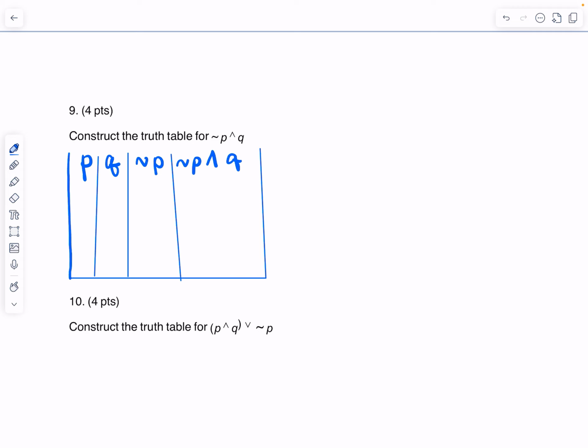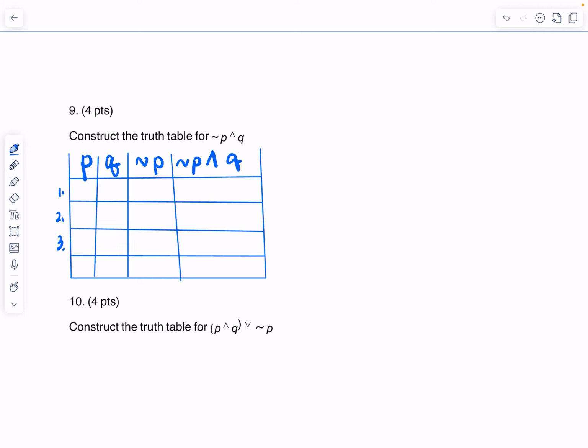So I'm just completing this truth table here. So again, I have 4 rows, 1, 2, 3, and 4. So P is always true, true, false, false. And Q is true, false, true, false.